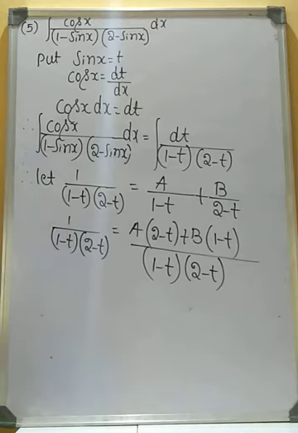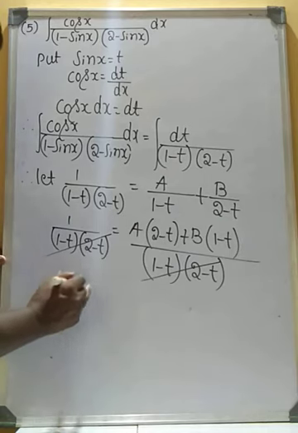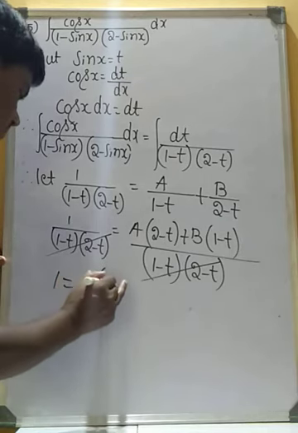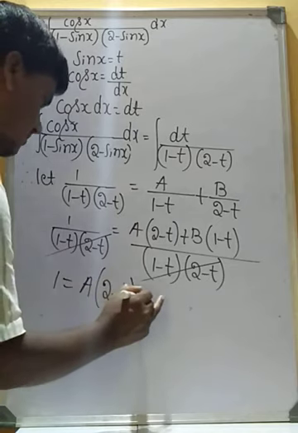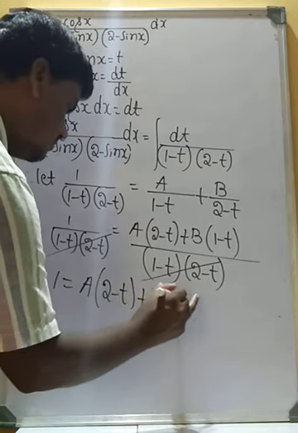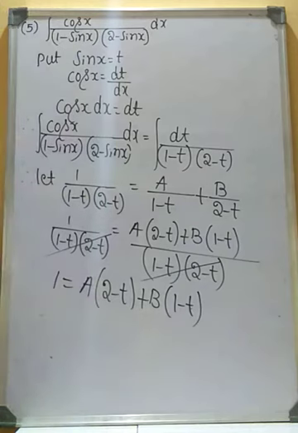Here also the denominators are the same, both sides get cancelled. Therefore 1 is equal to a into (2 minus t) plus b into (1 minus t). Here also find a and b.